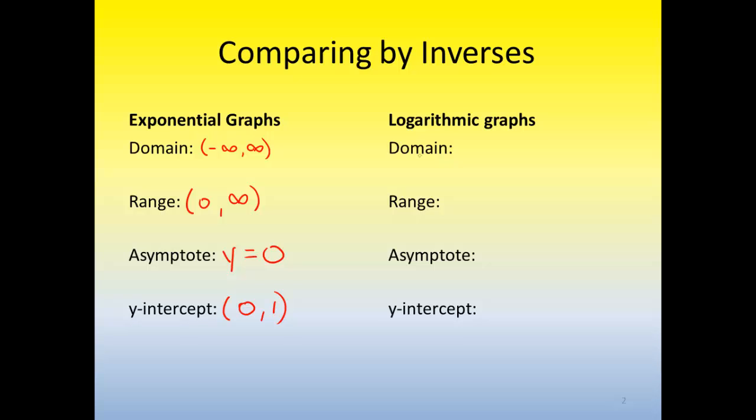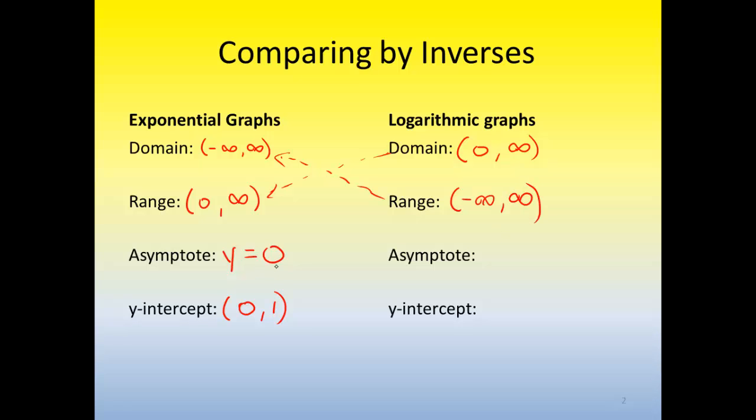Now because logarithms and exponentials are inverses, I can swap all this information to get a description of logarithmic graphs. So the domain of a logarithmic graph comes from the range of an exponential graph. So my domain is going to be 0 to infinity. My range of a logarithm comes from the domain of an exponential graph, and it will be all real numbers.